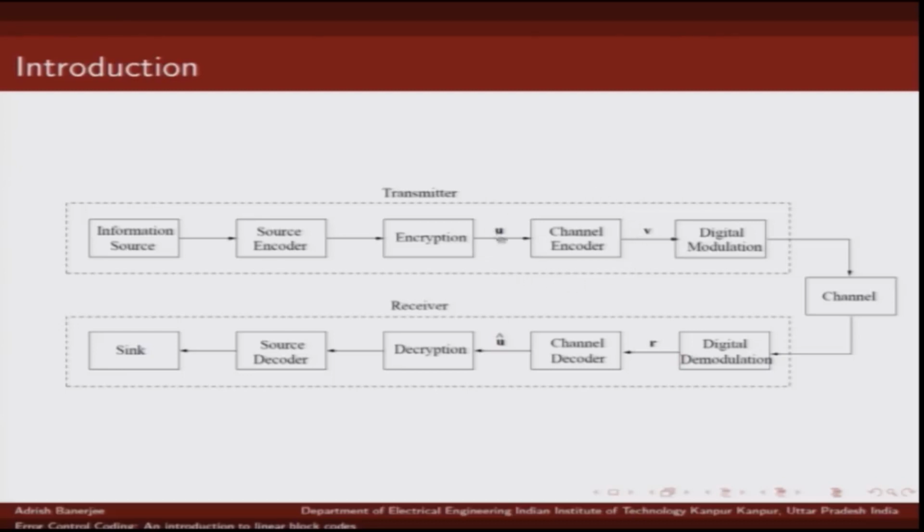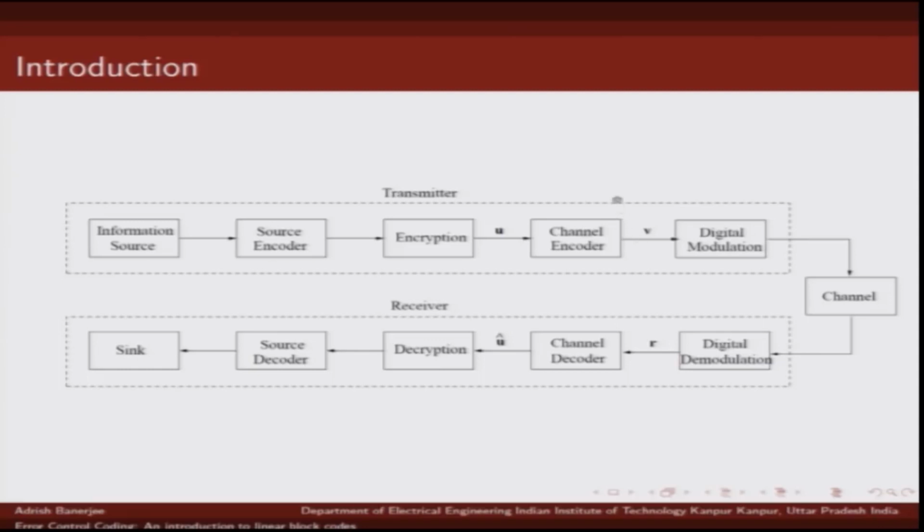It takes as input information bits and gives us as output the coded bits. We typically use the symbol U to denote the information sequence and the symbol V to denote the coded sequence.